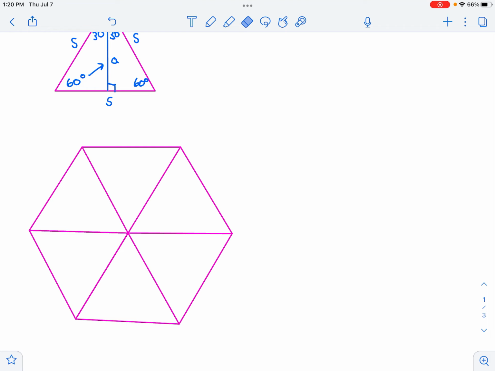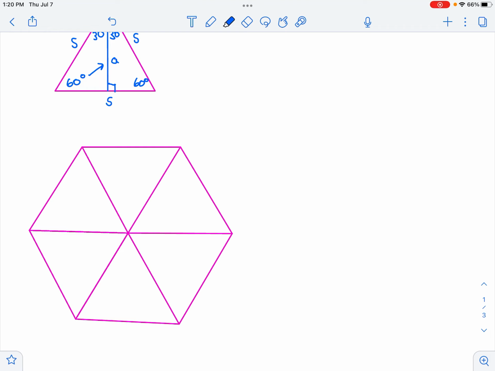Well, this is a regular polygon, so from each vertex, I just draw a line to the center of the polygon. From this vertex to the center, I make a line, and I do that for each vertex. And when I do that, I get 6 triangles.